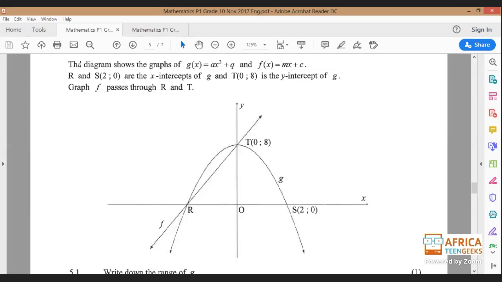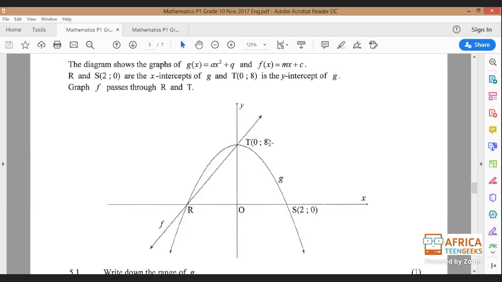So here it says the diagram shows the graphs of g of x equals ax squared plus q and f of x equals mx plus c. R and S, 2 is to 0. So here's your R and that's your S. They are the x-intercepts of g.